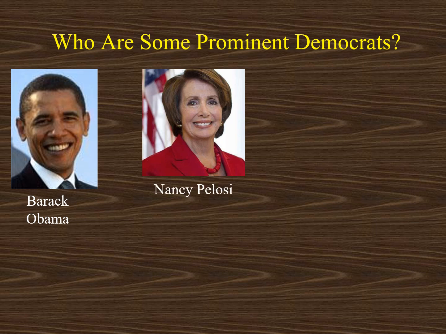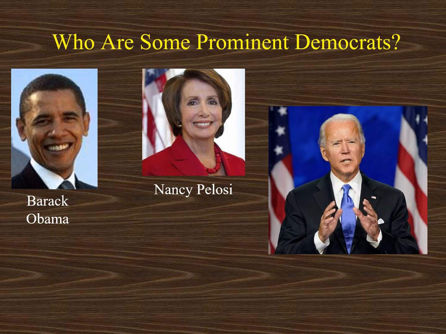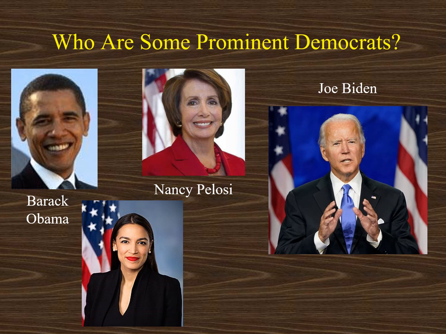She's a congresswoman from California. Next, we see President Joe Biden, who was elected in 2020. Last, I thought I would identify one other person. This is AOC, or Alexandria Ocasio-Cortez. She is a newer, younger Democrat, been in office a couple of terms in the House of Representatives. You may have heard of her.